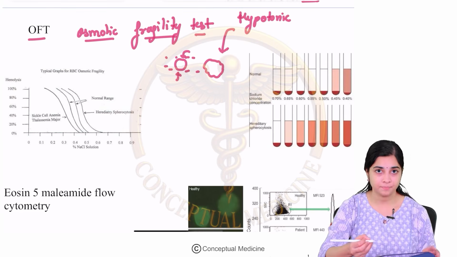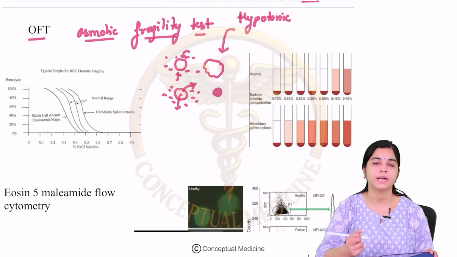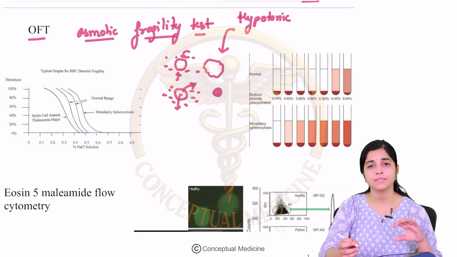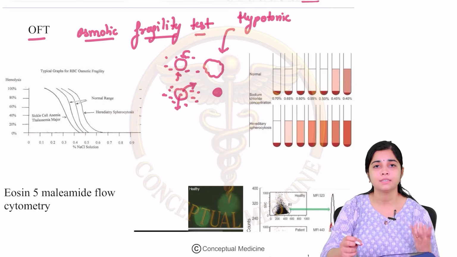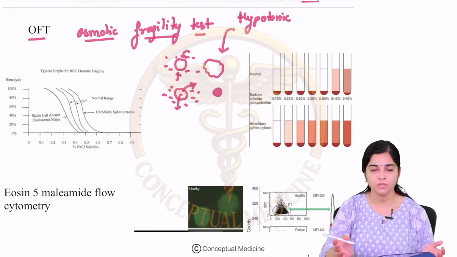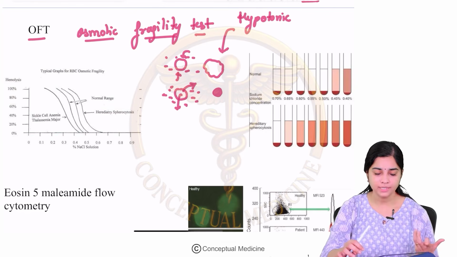But if you place the RBC in a hypertonic solution, the fluid is going to move out and the RBC is going to get dehydrated. So this is the basic principle by which you see how fragile the RBC is at what type of osmotic concentration, and this is what we call the osmotic fragility test.